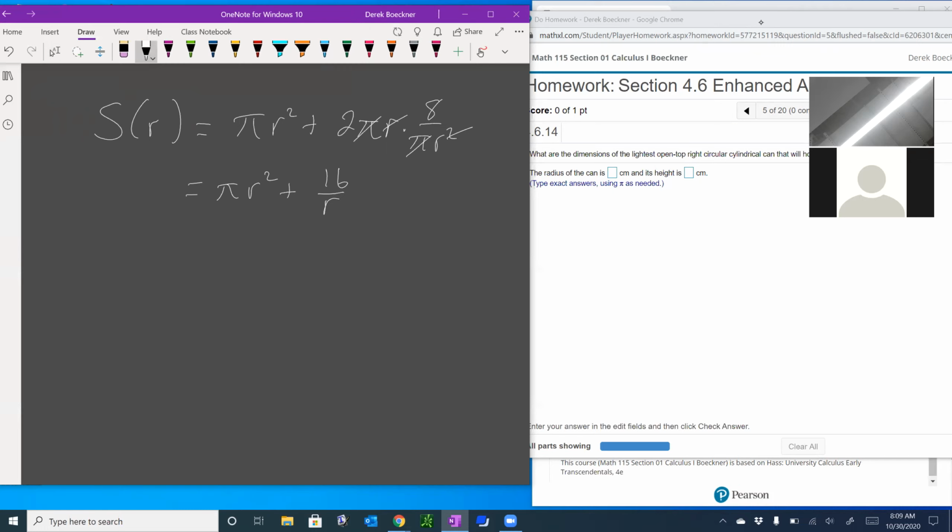Okay. And so take S prime, 2 pi r plus negative 16 over r squared. Is that equal to 0?